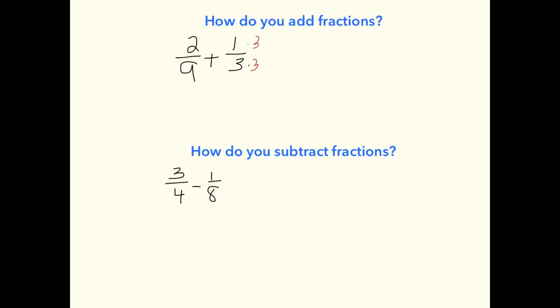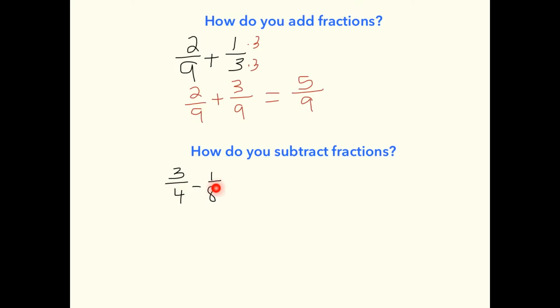So if I do that here, then this ends up being 3 over 9, and I still have 2/9. Now I changed the denominator so it's the same, and I don't want to do anything else to that denominator. I just want to add the numerator across. So that becomes 5/9.